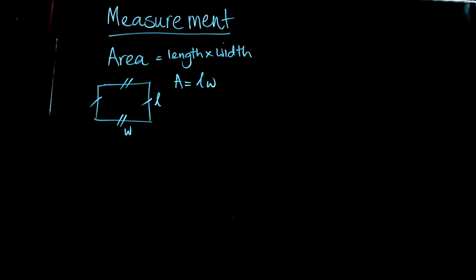But mathematically, if I call this width equals 5 and the length equals 6, when we plug these into the formula, we can go 6 times 5 or 5 times 6, and both will equal 30. So when you're crunching the numbers, and I'll say that again, when you're just doing the multiplication, the order's not important.